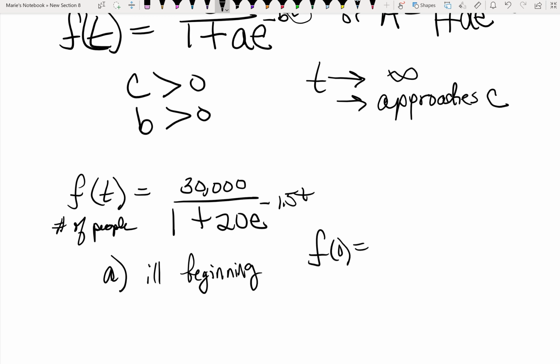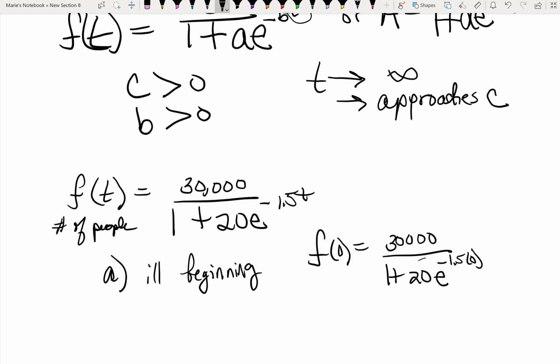we have 30,000 over 1 plus 20e raised to the negative 1.5 times 0. Because remember, that's basically going to be 21, right? Because this will cancel out to just 20.